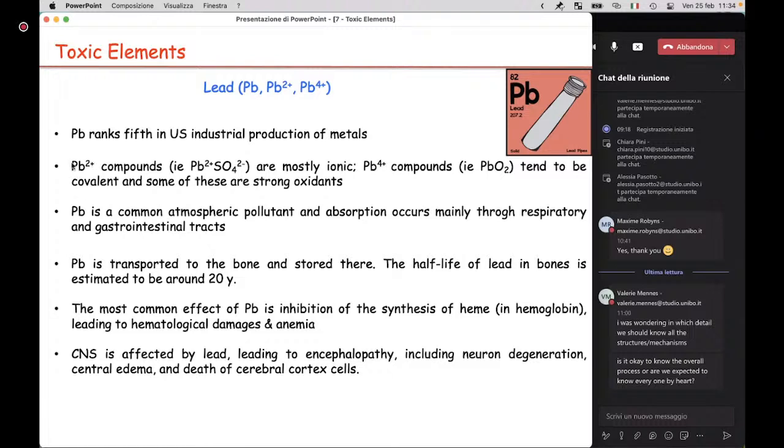This is true for lead 2+, but we also have, not so frequently, but it is present, lead 4+, and it forms this compound, lead dioxide, and here the bond is covalent. Lead dioxide is a very strong oxidizing agent. So, as you may imagine, it's also quite toxic, because we know that strong oxidizing and reducing agents are toxic.